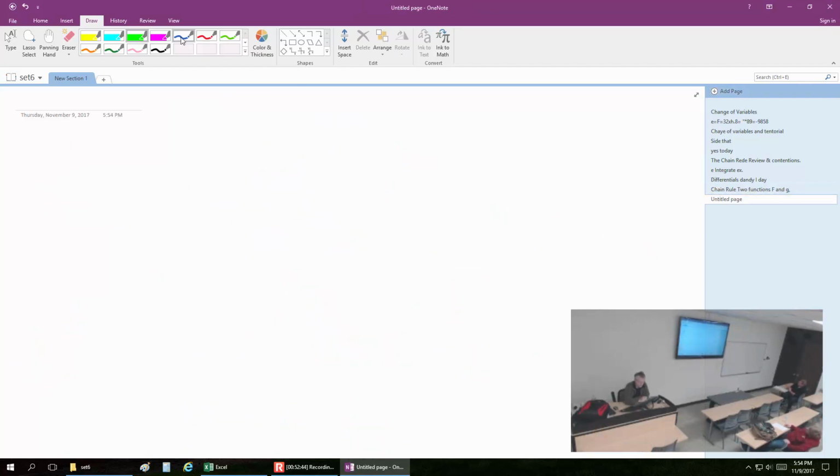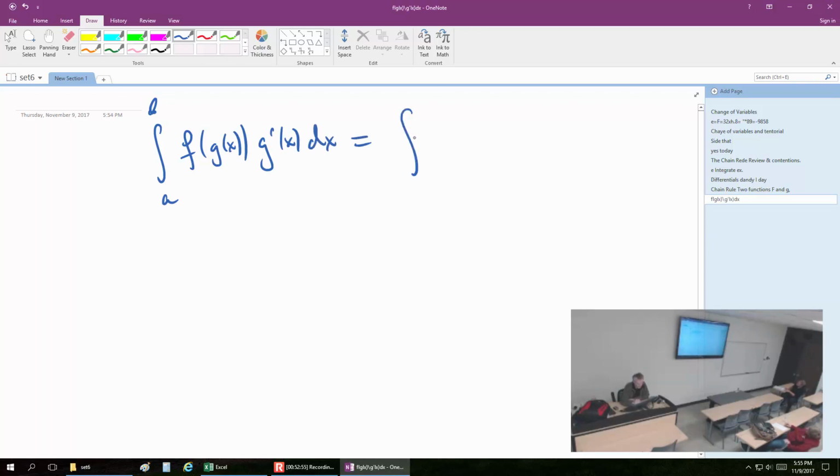The integral from a to b of f of g of x times g prime of x dx is equal to the integral of f of u du. The only thing that remains is the limits, where they come from, but it is totally determined by our substitution.